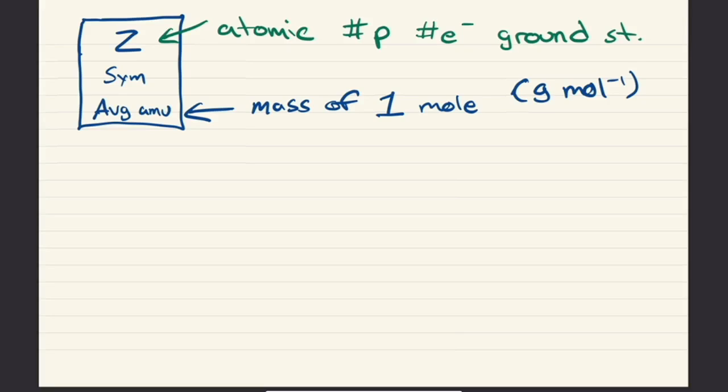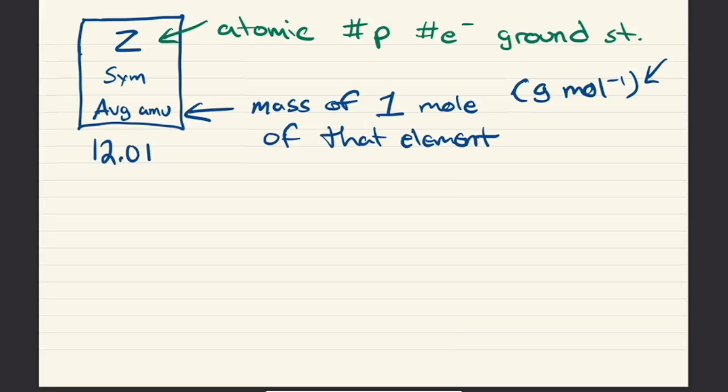At the bottom of the periodic table, we see a value for average atomic mass. In the case of carbon, you have something like 12.01. What is that? That is the mass of 1 mole of that element, and that unit is grams per mole, as shown here.